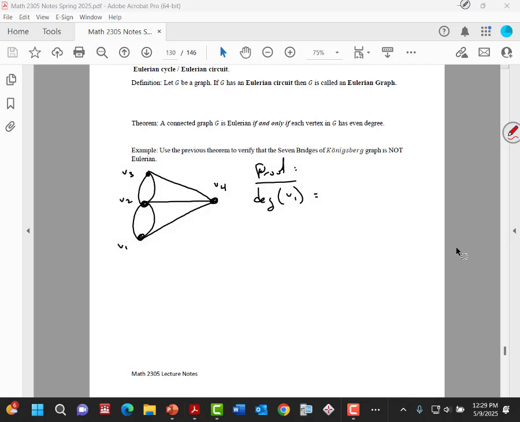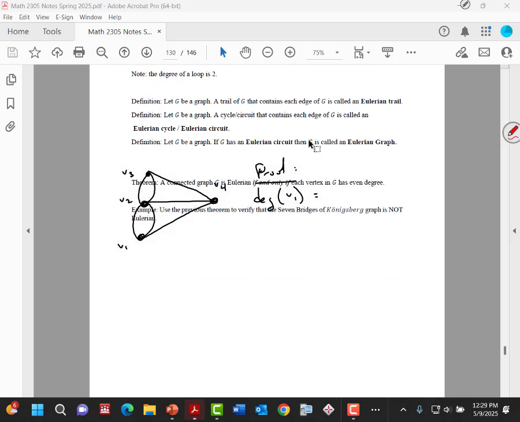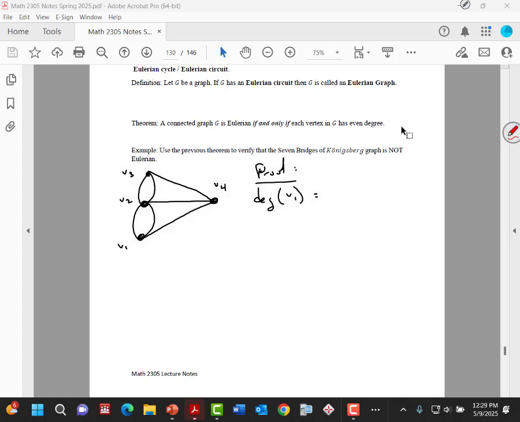For vertex 1, the degree of the vertex, if we return to the definition, is the number of edges incident on V. That's just a fancy way of saying, how many edges are connected to V1? So that's 1, 2, and 3. So the degree of V1 is 3. What about the degree of V2?